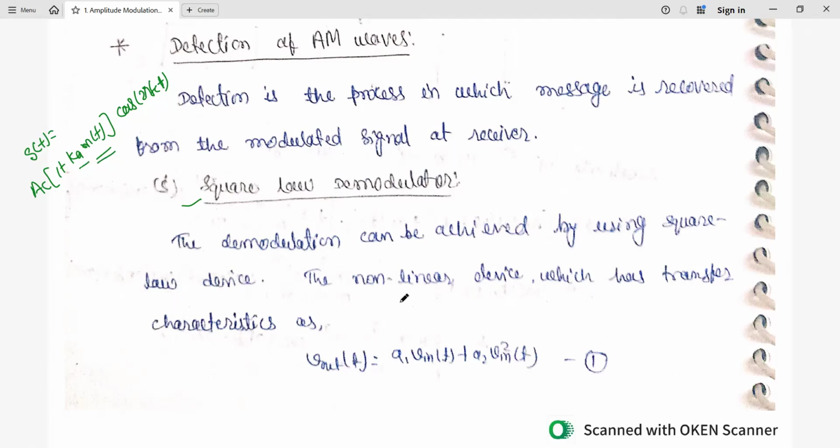For that we are going to use a nonlinear device. The transfer characteristic of the nonlinear device is given as Vout(t) = a1 Vin(t) + a2 Vin²(t).